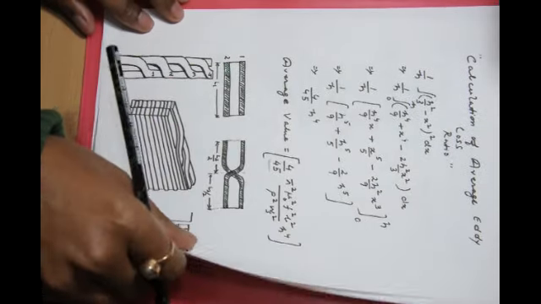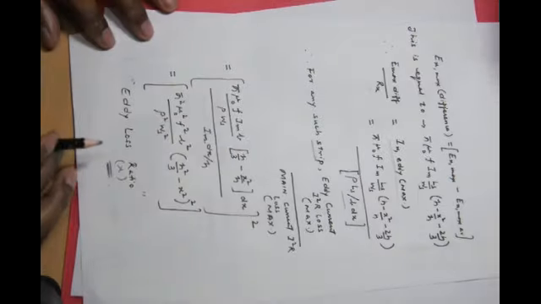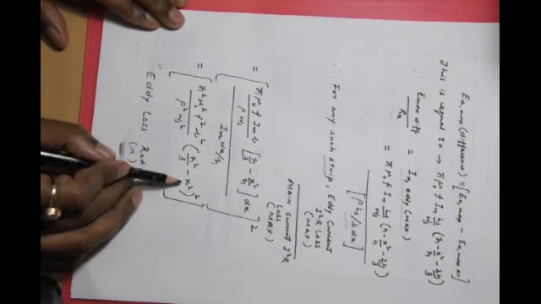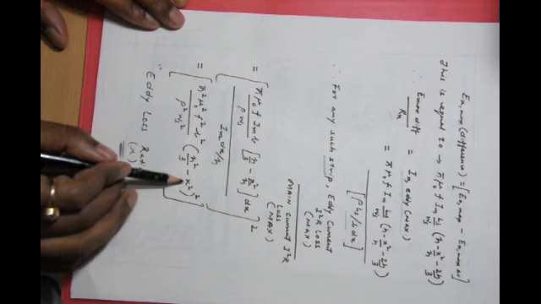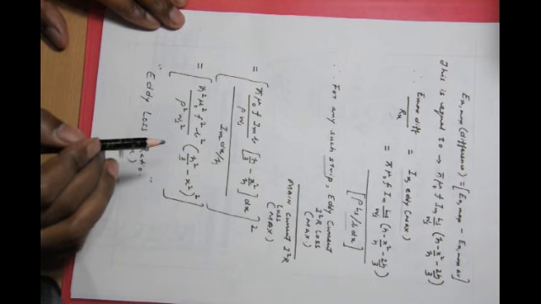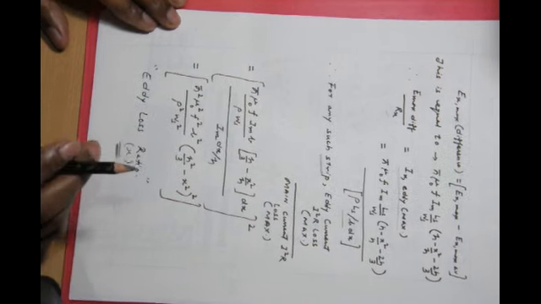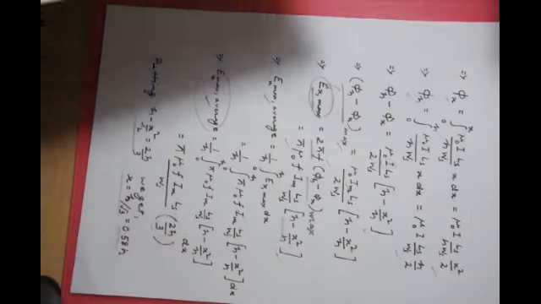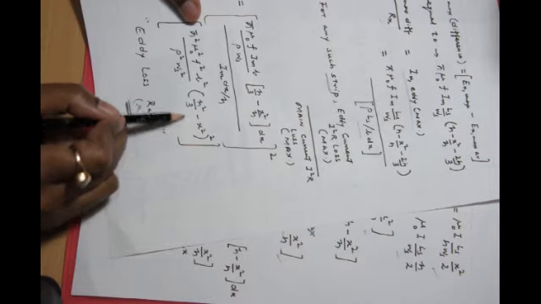Now we need to calculate the average value of eddy loss ratio. As I said, this eddy loss ratio is for a distance x, and it will change its value as we move up and down. To calculate the average value, we need to find the average of this expression.